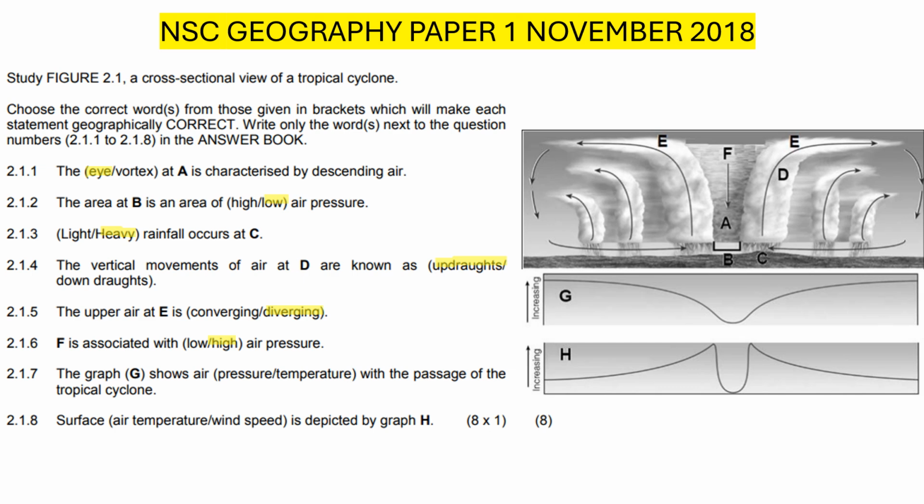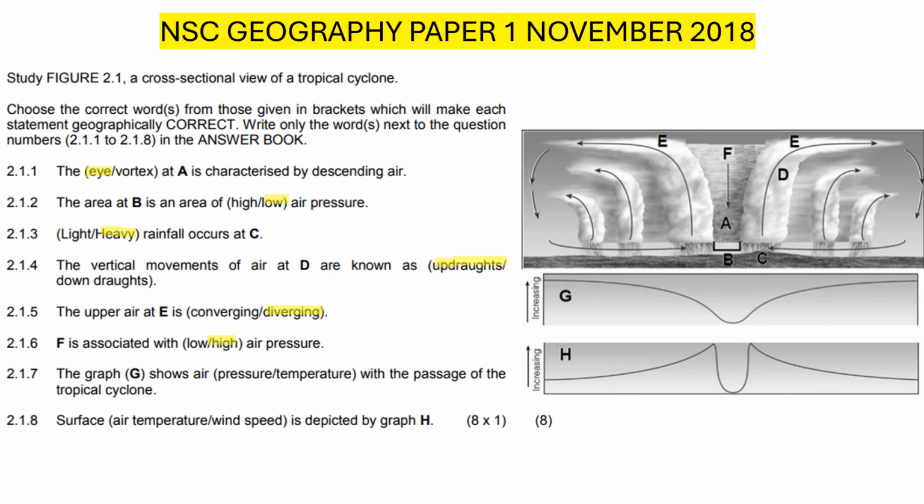It says the graph G shows pressure or temperature with the passage of the tropical cyclone. So what G is showing us is that if I travel from one part of the tropical cyclone and I move towards the center, I go beyond the center or the eye and I move to the outskirts. This is showing us pressure.